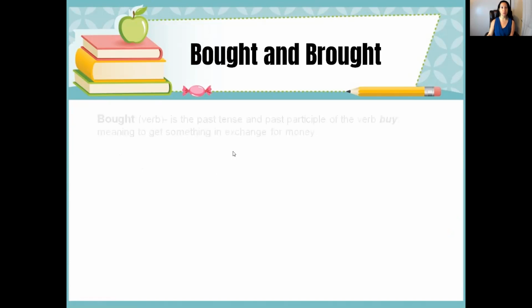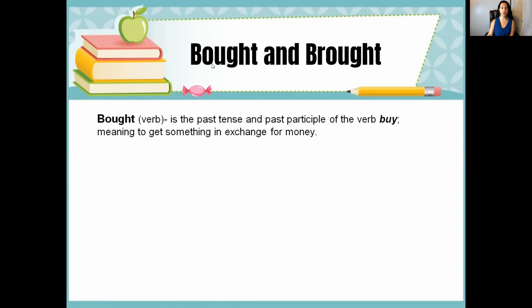Bought and brought. So this is tricky. Just make sure you have the R here. Bought and brought. Bought is a verb. It's the past tense and past participle of the verb buy, meaning to get something in exchange for money. Everyone knows that, right? Let's go a little further.